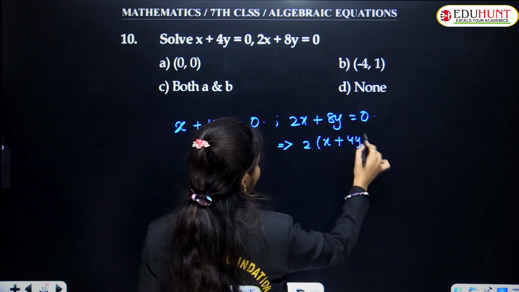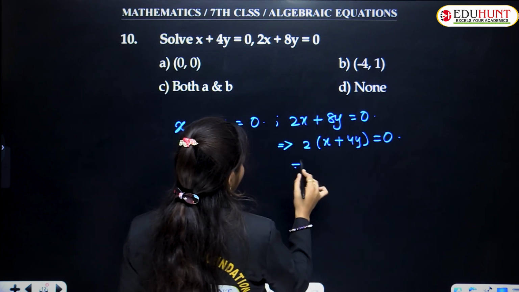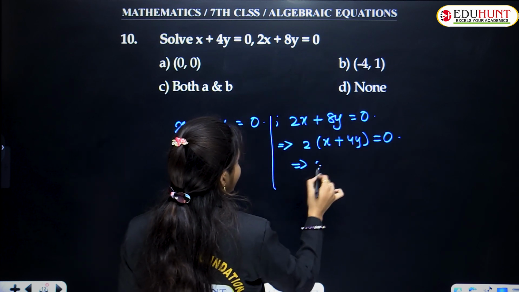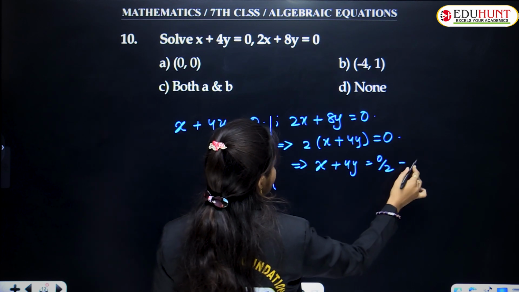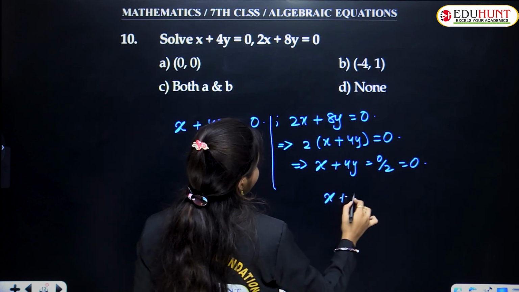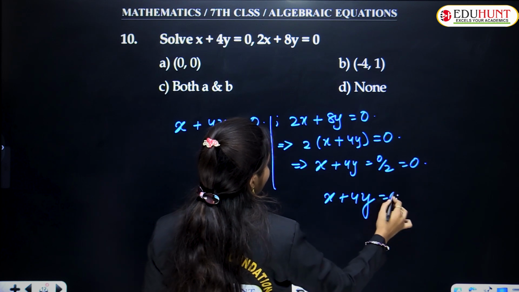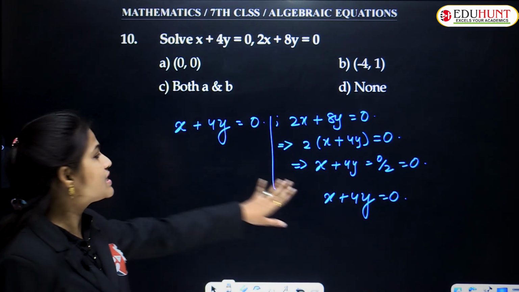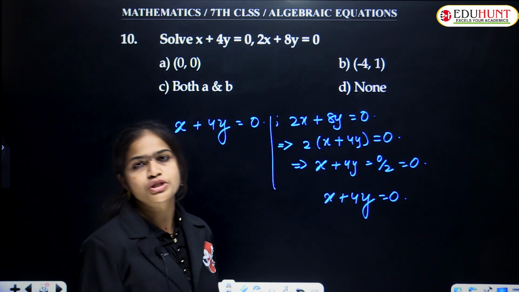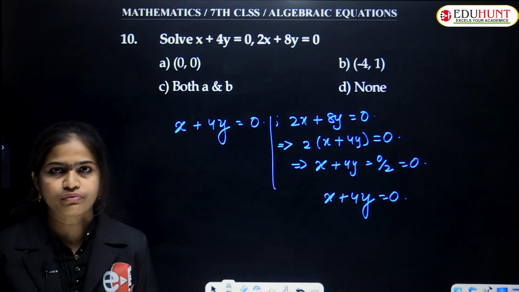From the second equation I am writing x plus 4y is equal to 0 by 2, which is equal to 0. So finally this is x plus 4y is equal to 0. So children, when you observe these two equations, they are also the same equation, x plus 4y.